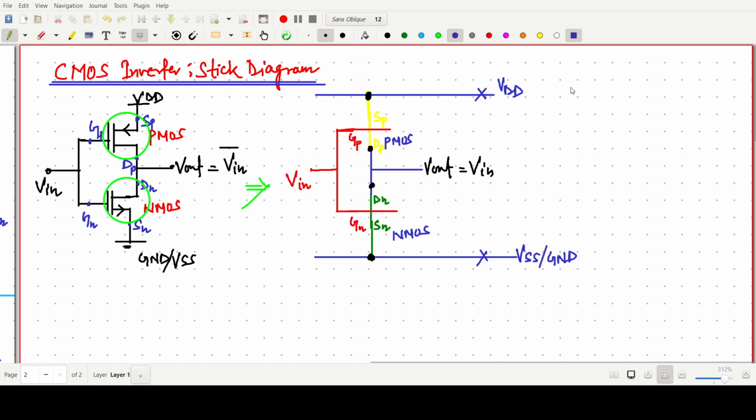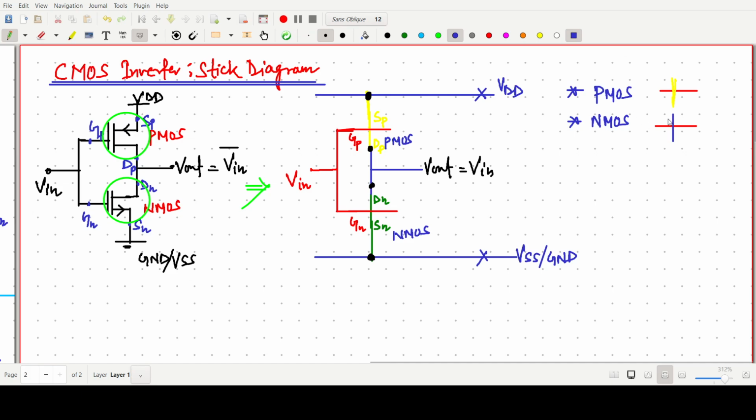So what steps have we followed? First we make the PMOS here, then we make an NMOS. For PMOS we did this, and for NMOS again with green color.